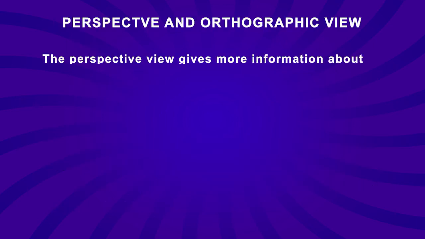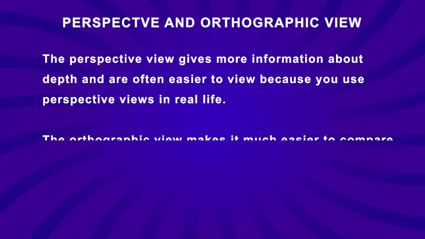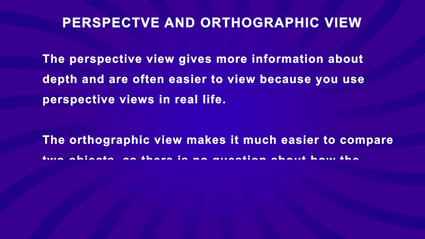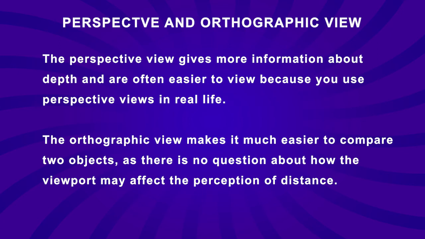The perspective view gives more information about depth and is often easier to view because you use perspective views in real life, while the orthographic view makes it much easier to compare two objects, as there is no question about how the viewport may affect the perception of distance.